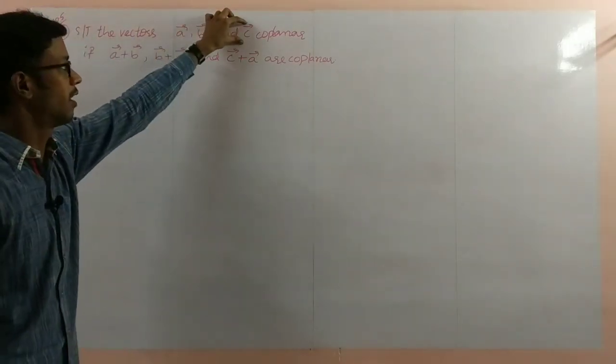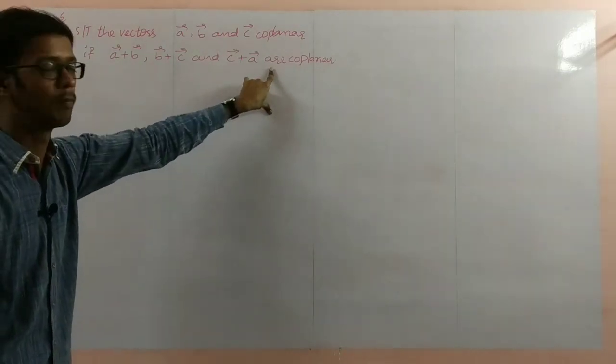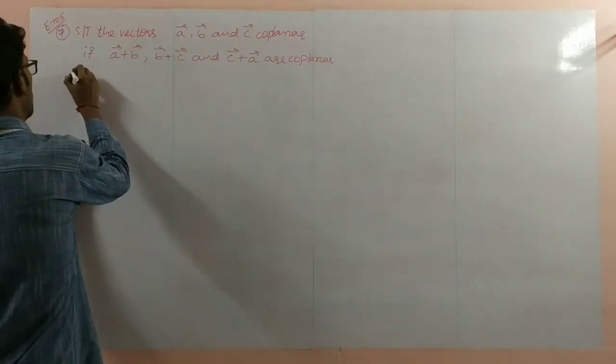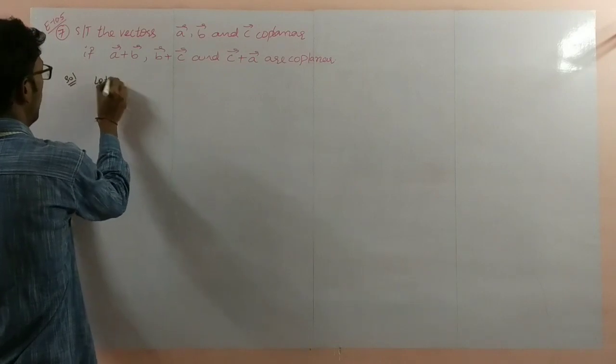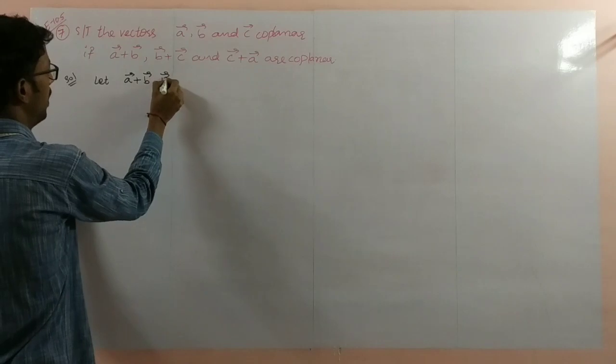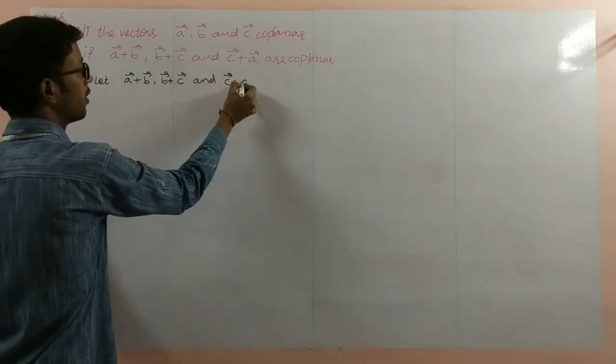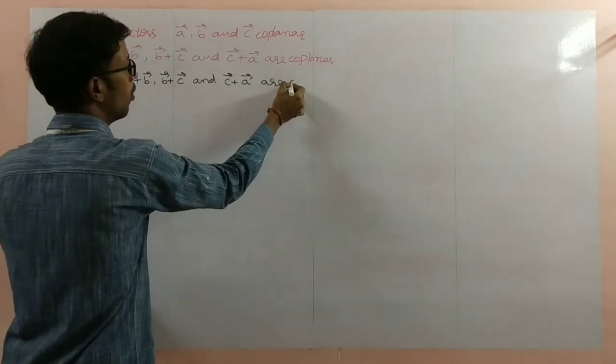These 3 vectors are coplanar if these 3 vectors are coplanar. So for that purpose, solution: let A bar plus B bar, B bar plus C bar and C bar plus A bar are coplanar.